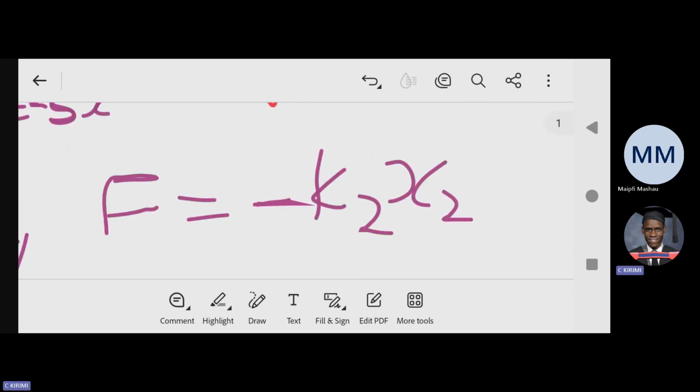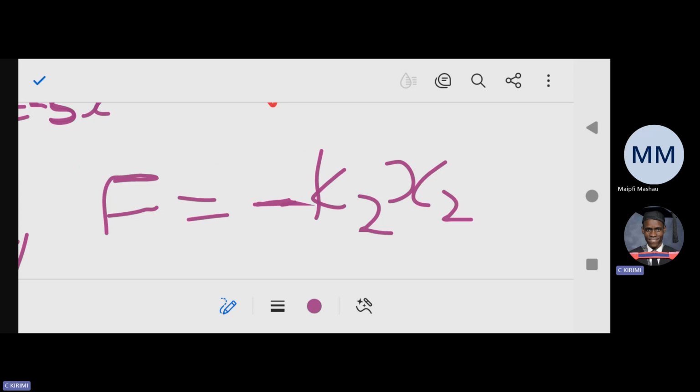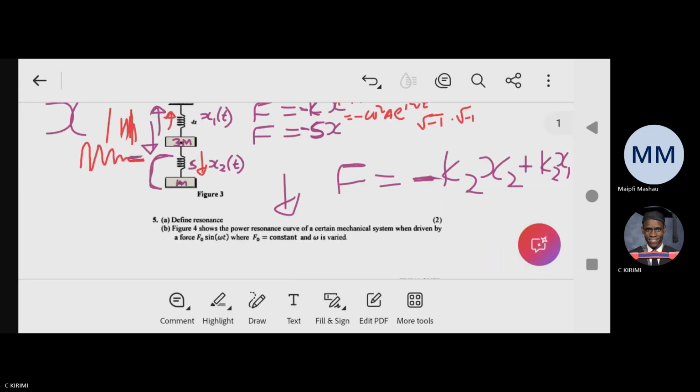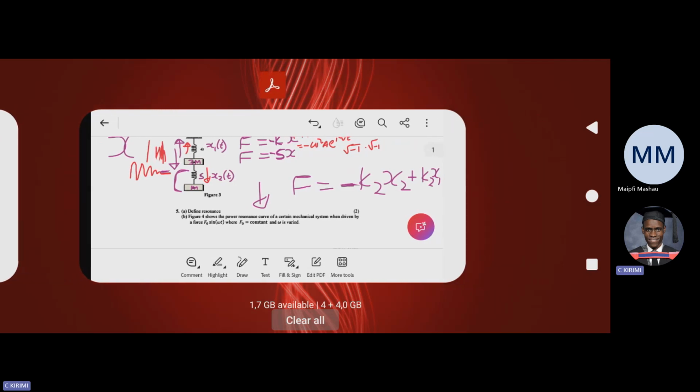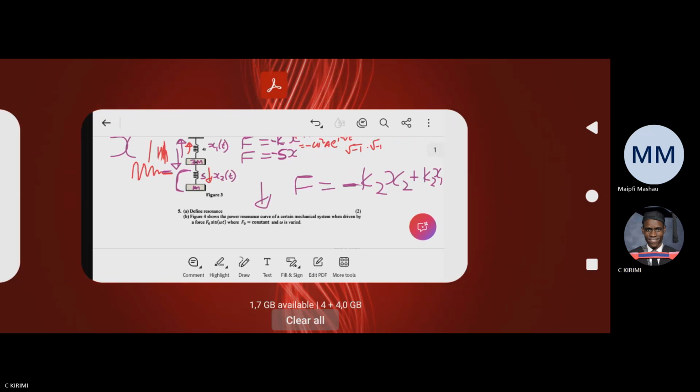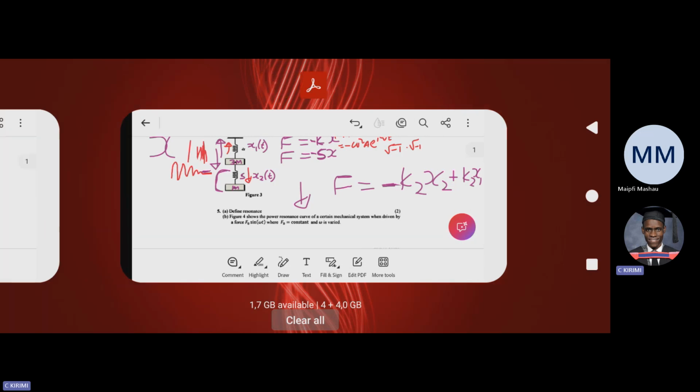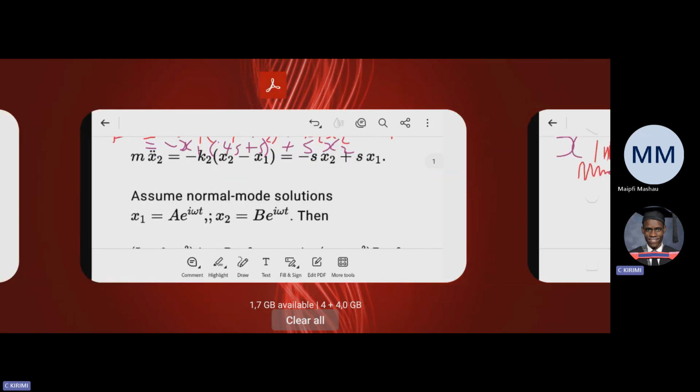So here we are subtracting. Since this is going in the restoring force, here it will be plus K2. The spring constant we are compensating, which is going upwards for the second one, is K2 times x1.